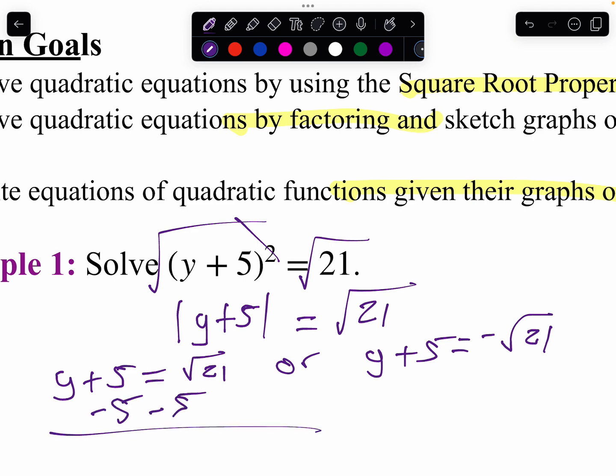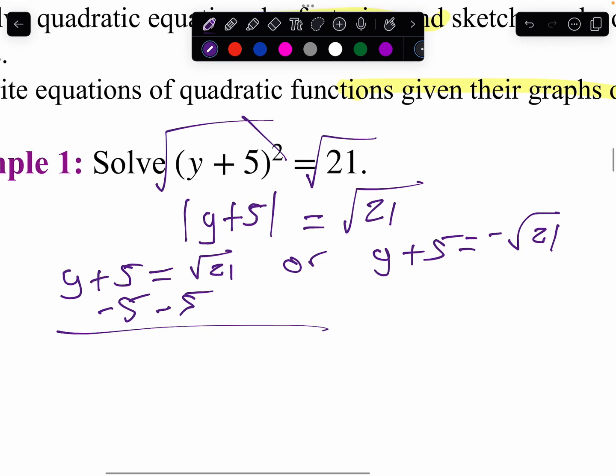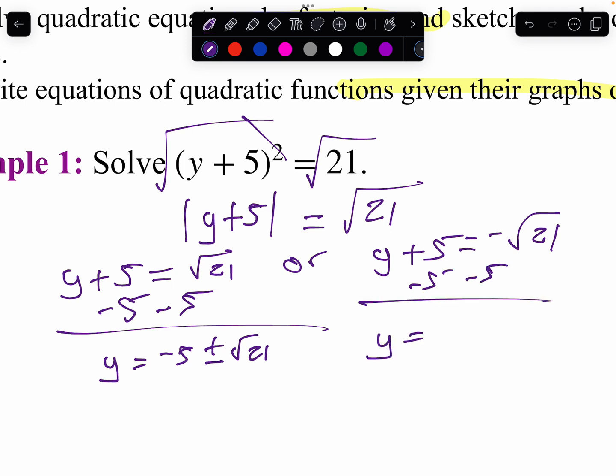They're not like terms. So in the first case, I'll get y equals negative 5 plus the square root of 21. In the second case, minus 5 from both sides, y equals negative 5 minus the square root of 21.